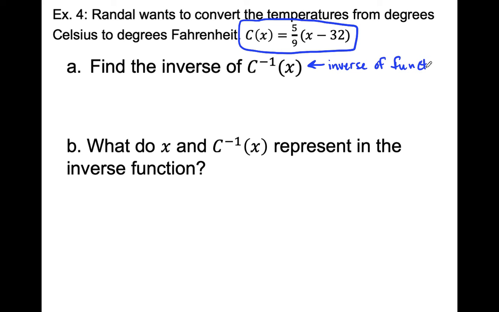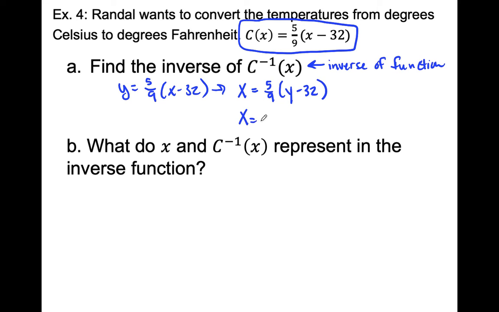So we're going to do the same thing we did before. Doesn't matter if it's f of x or c of x. So they're really giving us y equals 5/9 x minus 32. So my next step, just like before, would be to switch your x and your y. So x equals 5/9 y minus 32. And now we need to solve for y. So to solve for y, we would distribute.